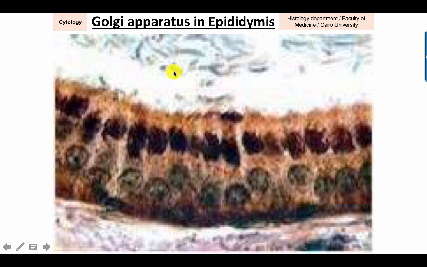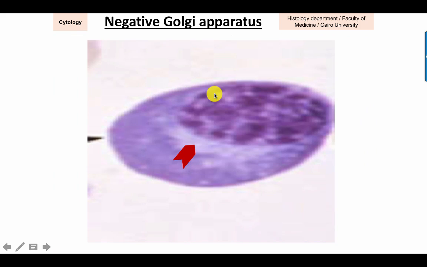So this is a Golgi apparatus in the epididymis stained by silver. You should mention these three important pieces of information: the organelle itself, its site, and the special stain, which is silver.